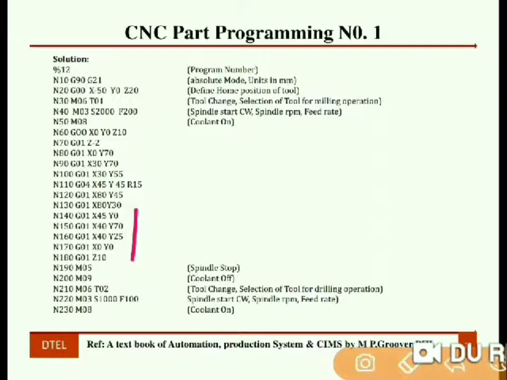Now we need to stop the spindle because we are going to change the tool. In the milling operation we used the T01 tool. Now we are going to change the tool to T02. For that purpose, we have to stop the spindle first. So N190 M05, spindle stop or spindle off.